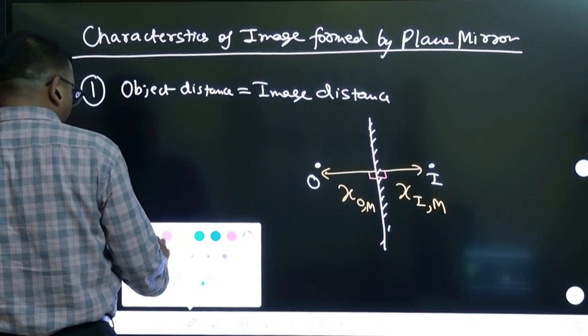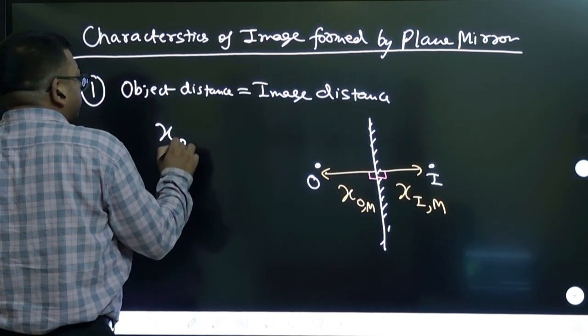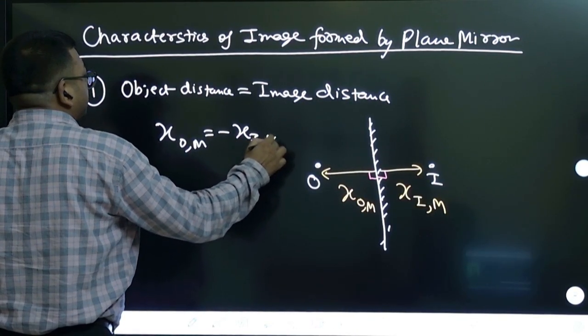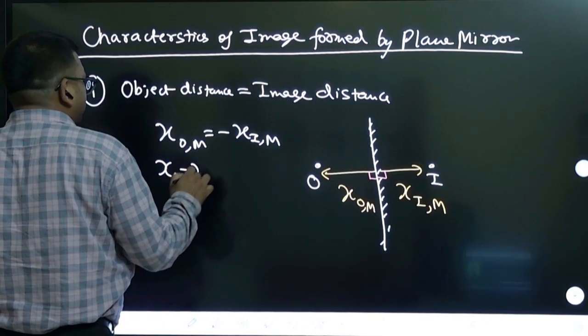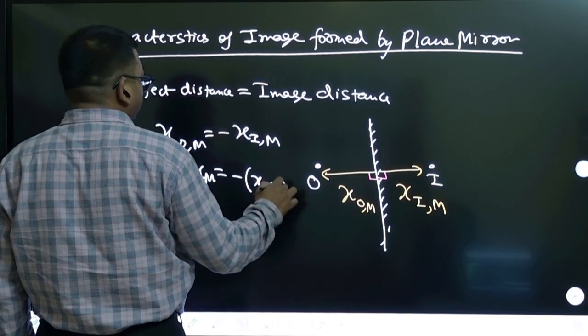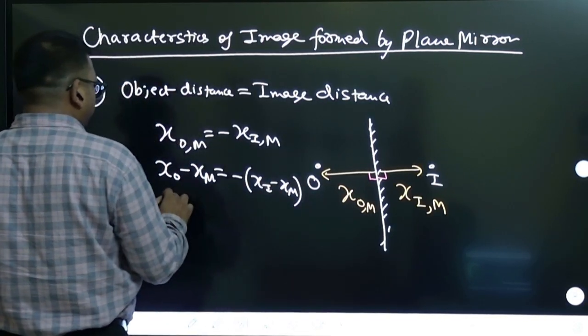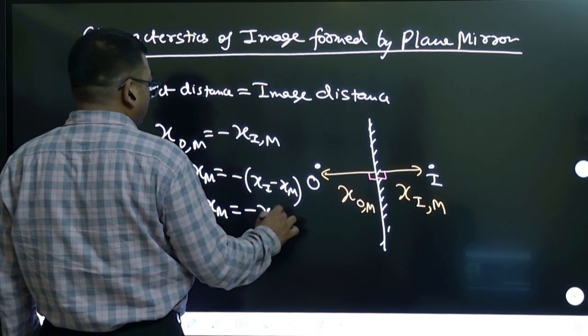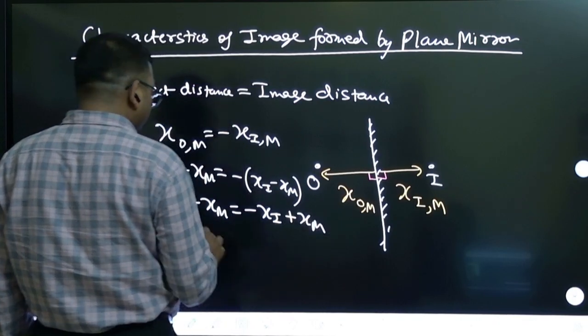So we can say that XO minus XM is minus (XI minus XM), the relative position. So that becomes XO minus XM is minus XI plus XM.